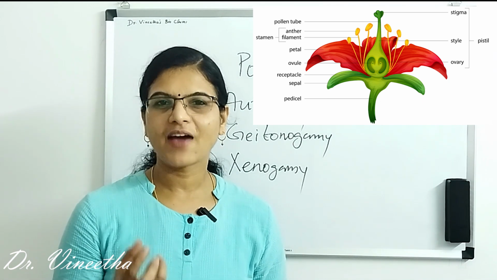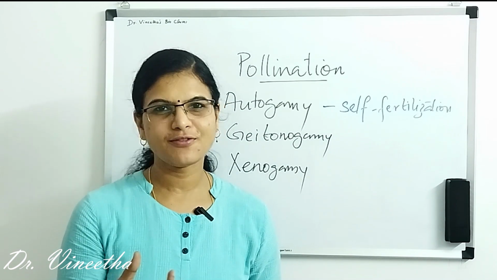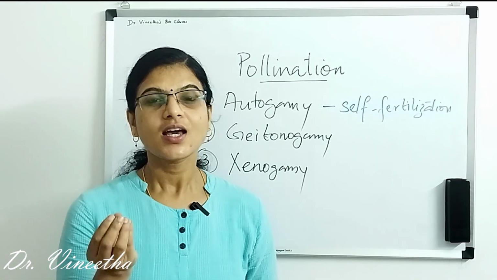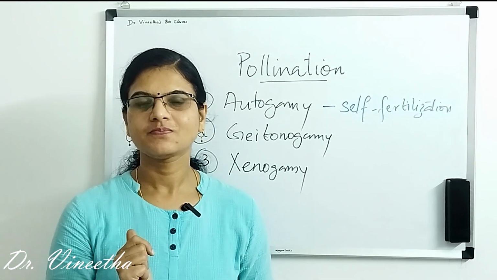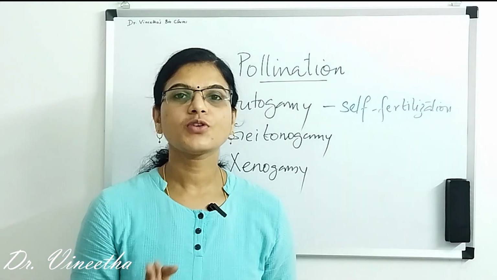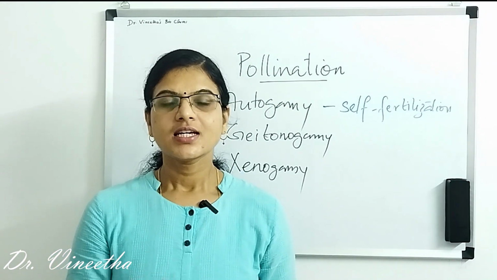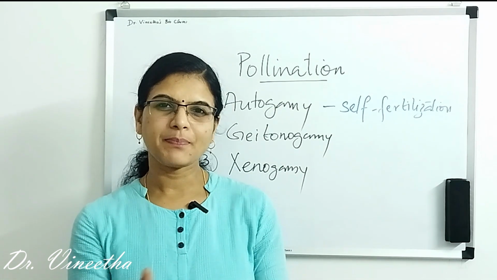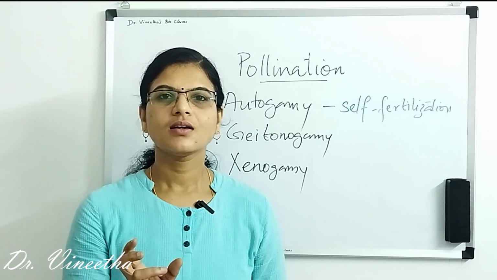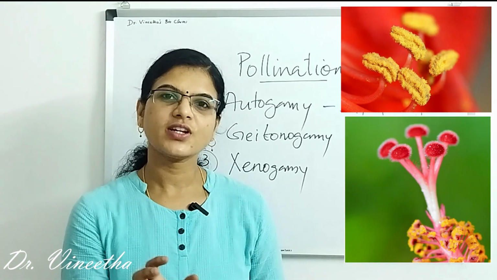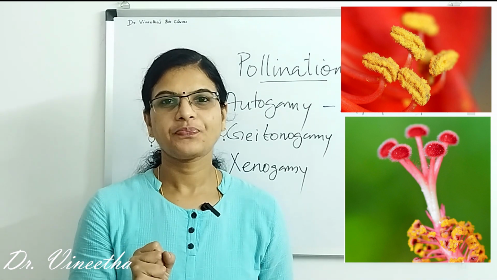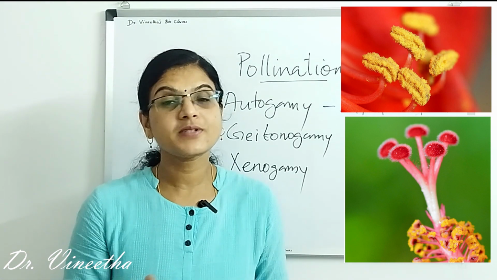There are some other factors which seem to interfere here, right? Can you think of something else which can affect autogamy? Of course, there should be synchrony. Autogamy requires synchrony. Synchrony is something which happens together or simultaneously. There should be synchrony between the pollen maturation and the receptivity of the stigma. The stigma is not receptive all the time.